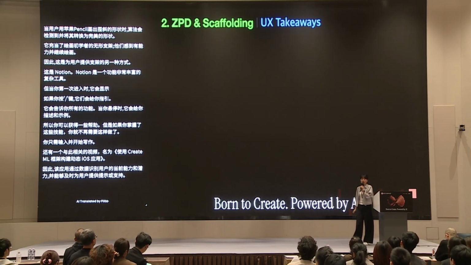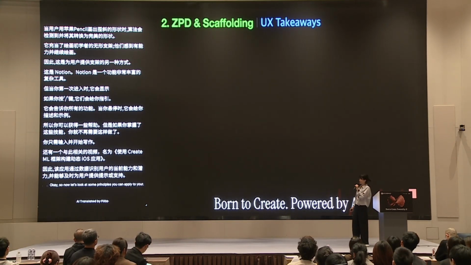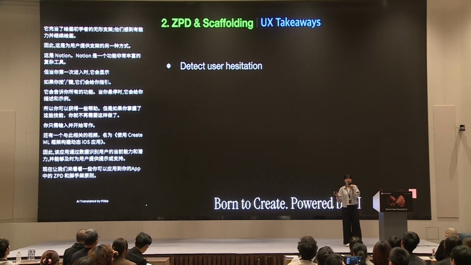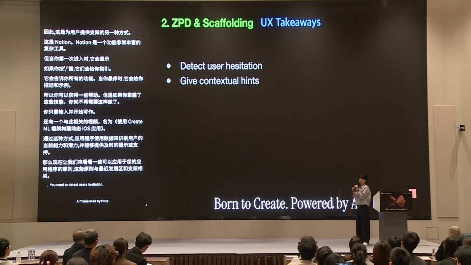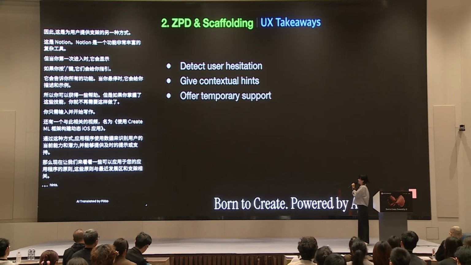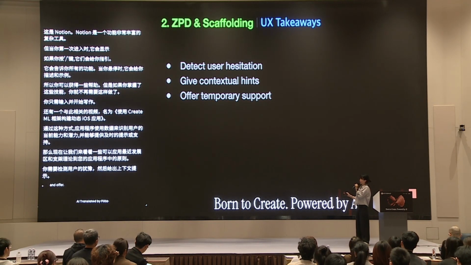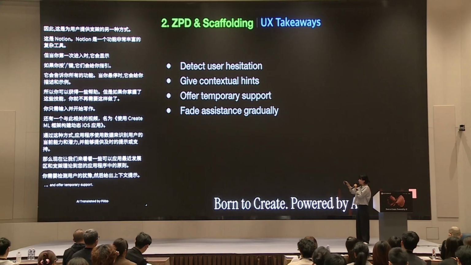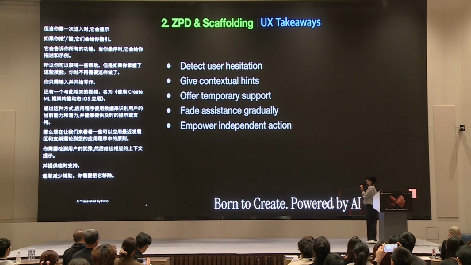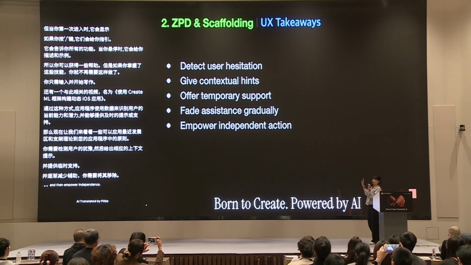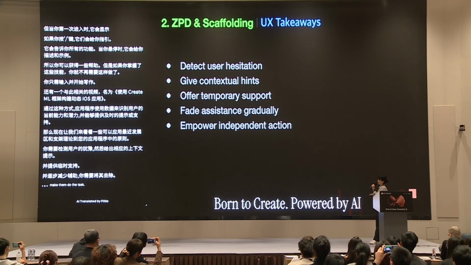Okay, so now let's look at some principles you can apply to your app with ZPD and scaffolding. You need to detect users' hesitation, give contextual hints, offer temporary support, and fade assistance gradually. You need to take that out and then empower independent action. Our goal is to make users do the task by themselves, so you need to take those out gradually.